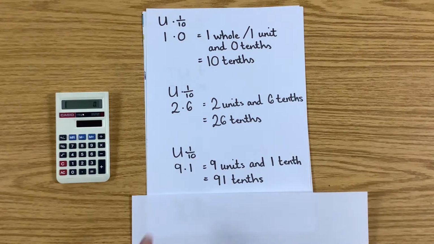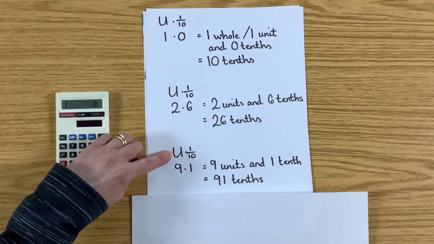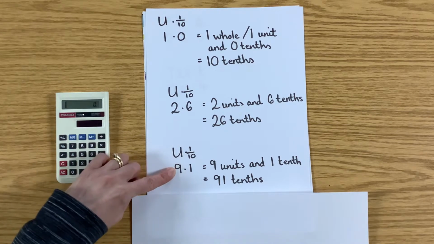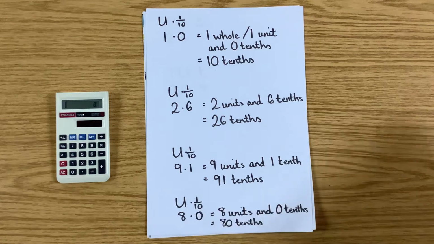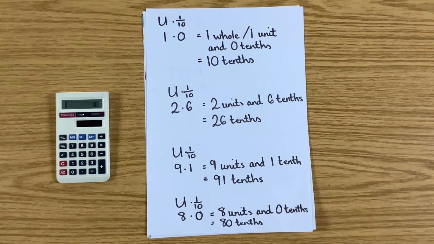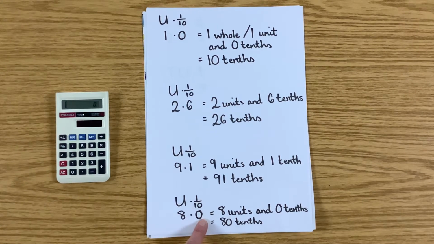One more. What if I had 9.1? If I had 9.1, then that would be 9 units and 1/10, which would be 91 tenths. And a last one, 8.0: 8 full units, no tenths, or 80 tenths.